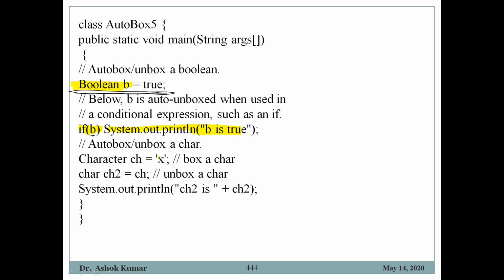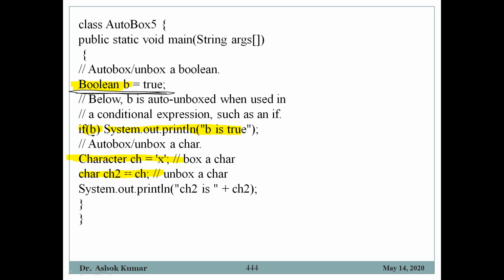Then there are some other auto boxing operations. This we have already discussed. I'm not going to discuss this with you again, but this line is performing auto unboxing over here, because ch is the object reference to the object of type Character, and you are assigning it to the fundamental variable ch2 of type char.